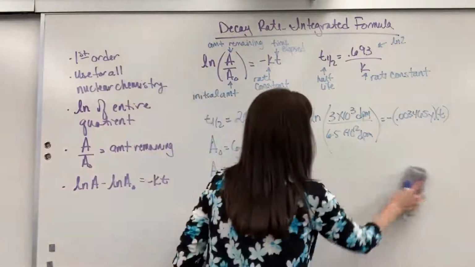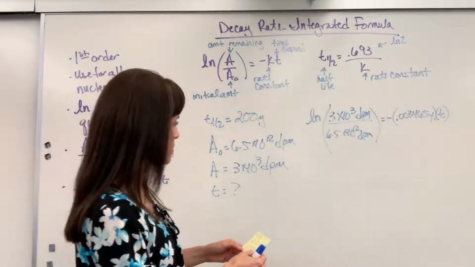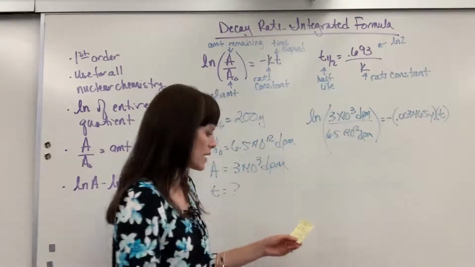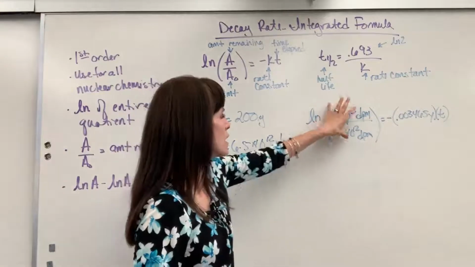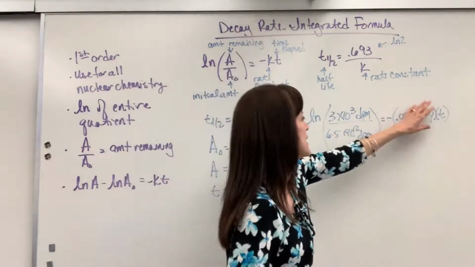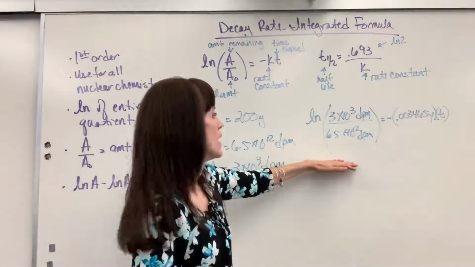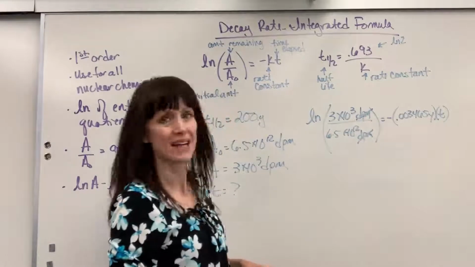Okay, so putting this into our calculator, I just put this all together in my calculator. So I did natural log of this quotient, and then I divided by negative 0.003465. Notice this unit right there is going to cancel.